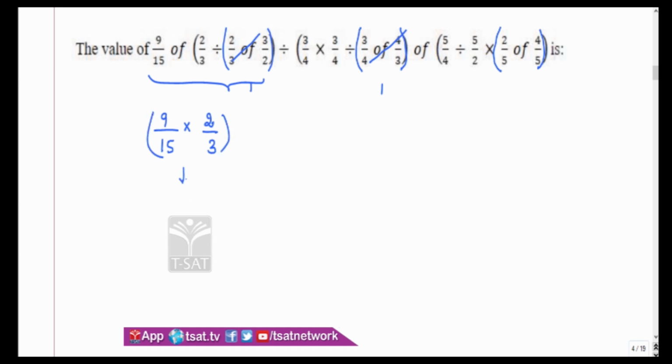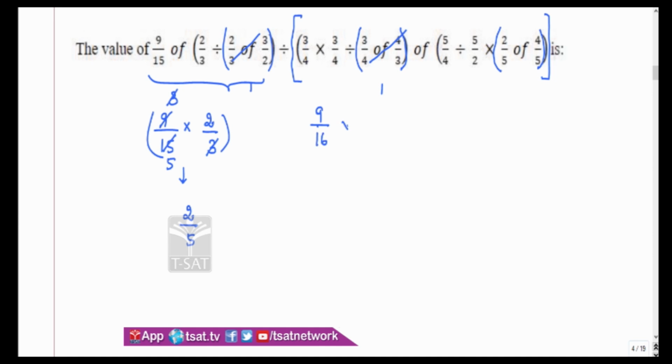Further you simplify it to make it simple. 3 1s are 3, 3 3s are 9, 3 1s are 3, 5 3s are 15. So this we got as 2 by 5. Then you have division. First half comes. Therefore, solve this. Of means simply into. Now, within the braces you see here, this is anyway 1. So, 3 into 3, 9 by 16.